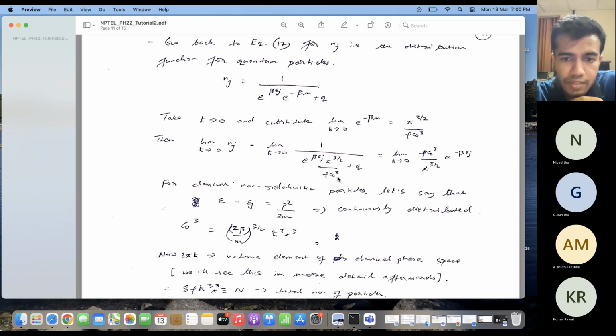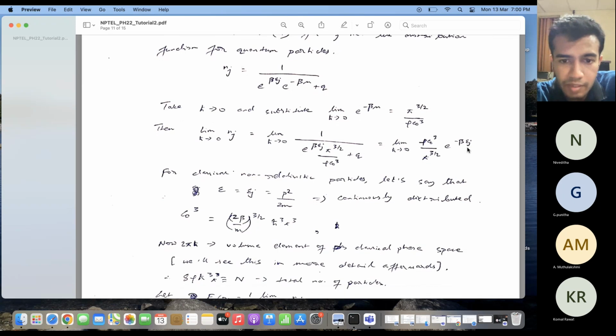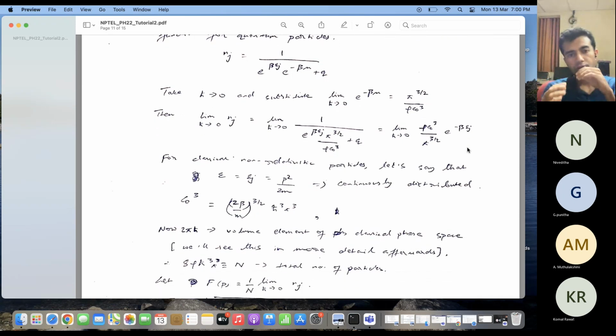Okay, again, since this quantity is very large and q is equal to either plus 1 or minus 1, I can neglect q. And then e to the power beta epsilon_j I take in the numerator and I get limit of h cross going to 0 rho c naught cube by pi to the power 3 by 2 into e to the power minus beta epsilon_j. Now, since I'm considering classical non-relativistic particles, instead of having discrete energy levels, they will have a continuous range of energies.